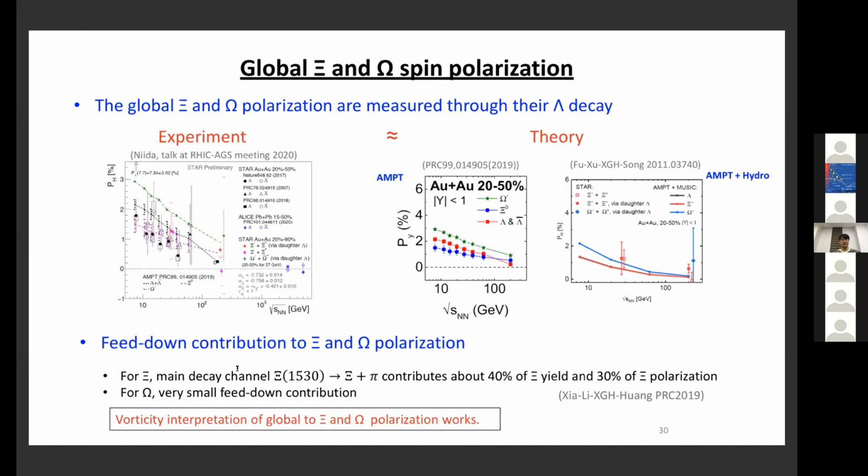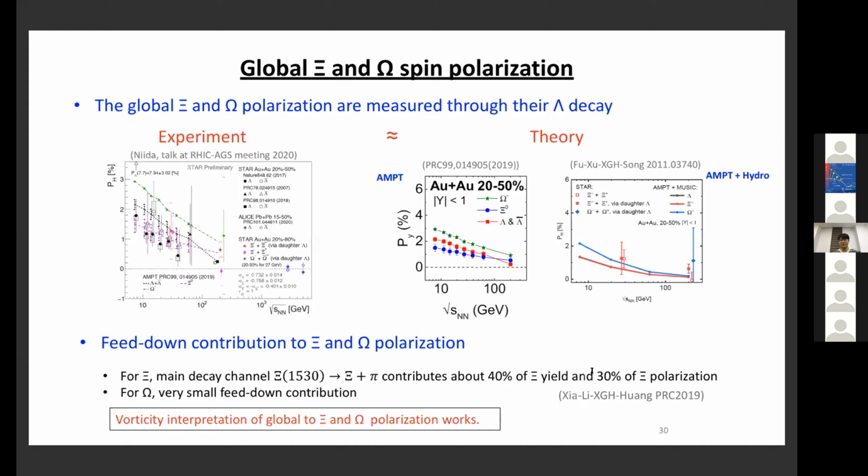For the cascade case, the main decay channel is this one, the decay from the cascade 1530 to cascade minus and pi. In this case, from our study last year by Xuguang Huang, Huanzhong, and myself, this decay channel could contribute about 40% of the cascade minus yield and about 30% of the cascade polarization.